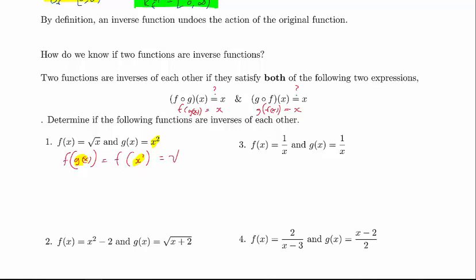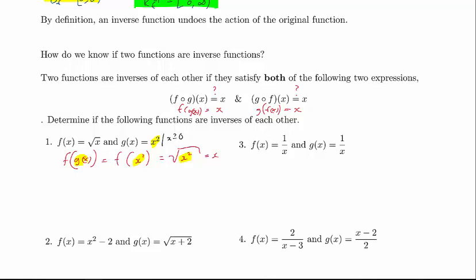And so that is the square root of x squared. The square root of x squared is simply x, right? Note that we would have to put a domain restriction on g, but that's all right. For this to be totally correct, let's say such that x is equal to or greater than 0. Let's assume that's the case.